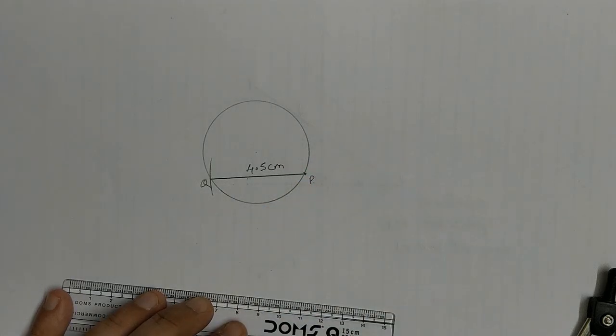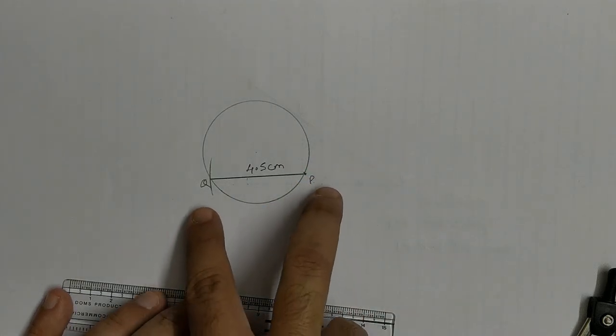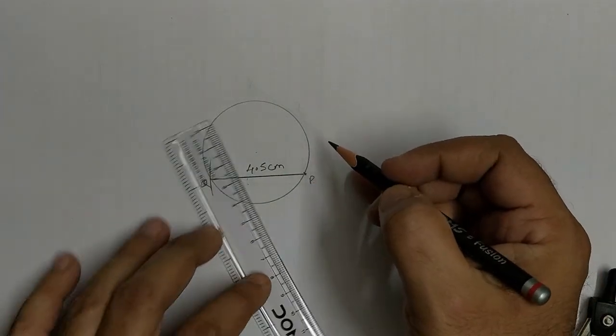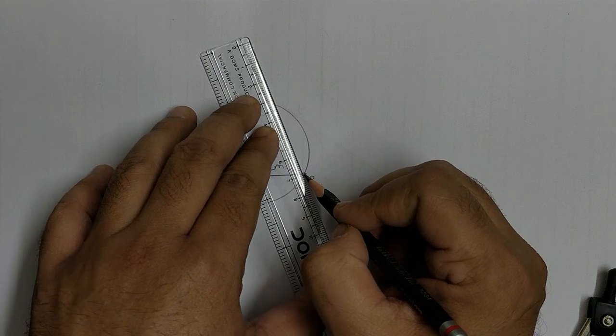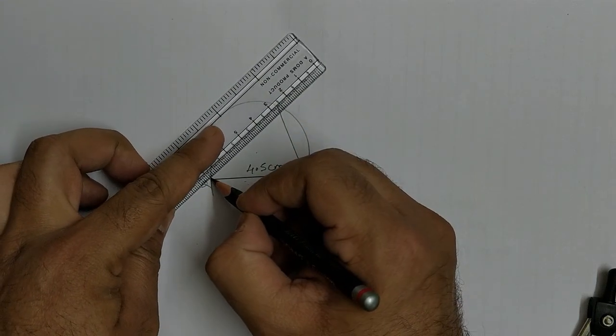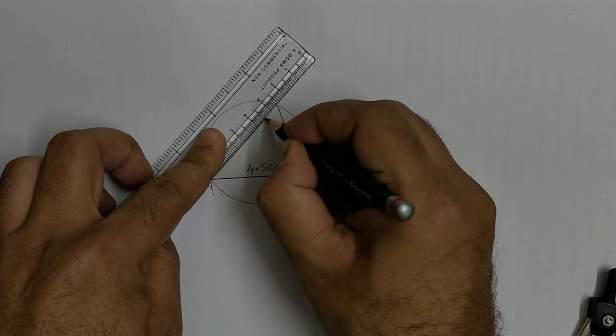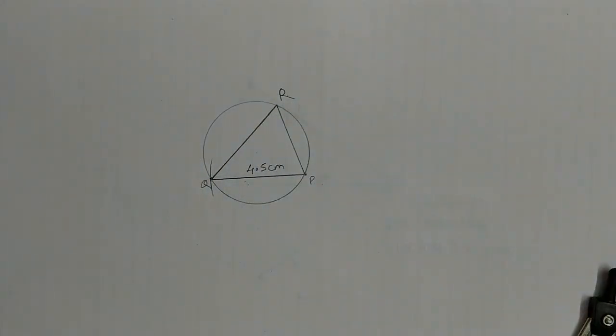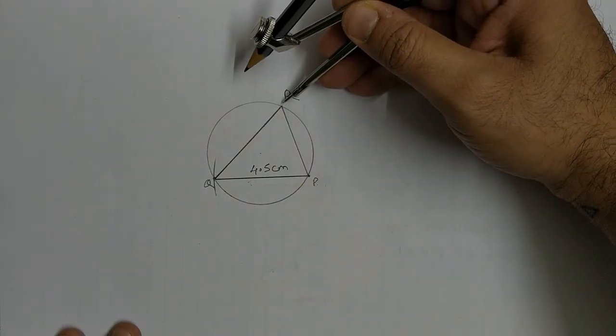The question says that we have to draw tangents from P and Q without using the center. For that we have to construct a triangle with two of its vertices at P and Q. Let me name this point as R. The procedure is this way.